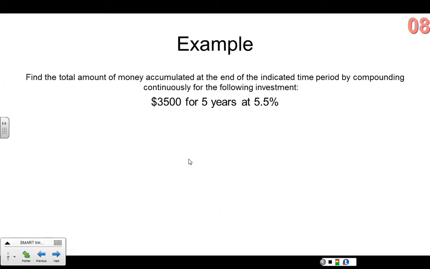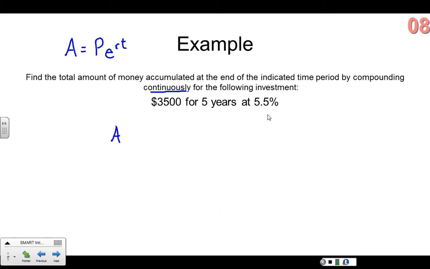Find the total amount of money accumulated at the end of the indicated time period by compounding continuously, notice the key word, for the following investment: $3,500 for 5 years at 5.5%. So remember, my formula is going to be P times E to the RT power.